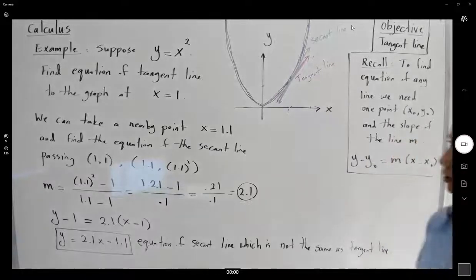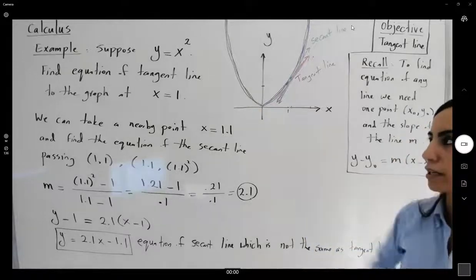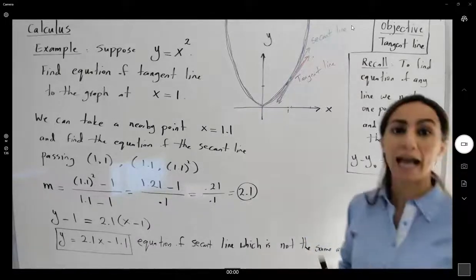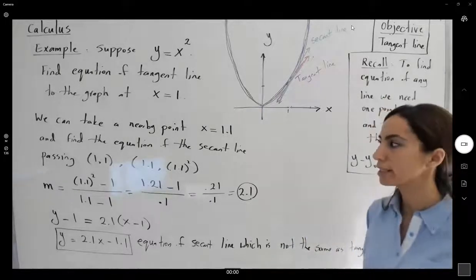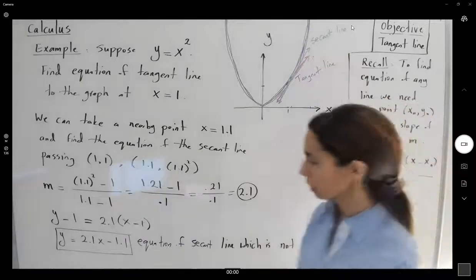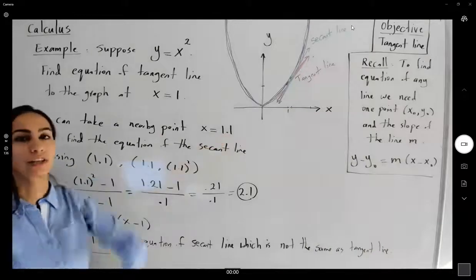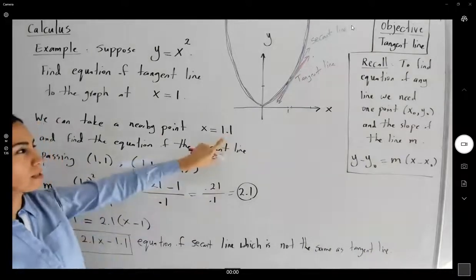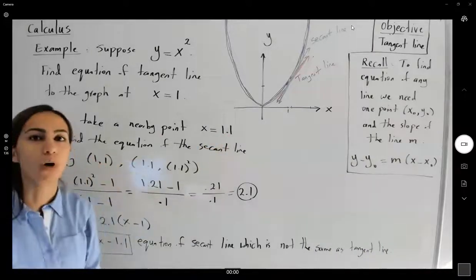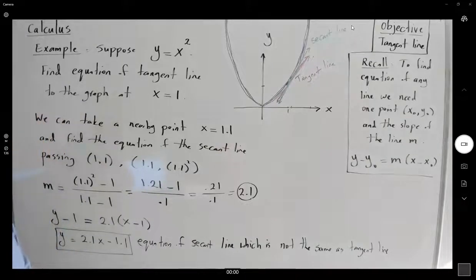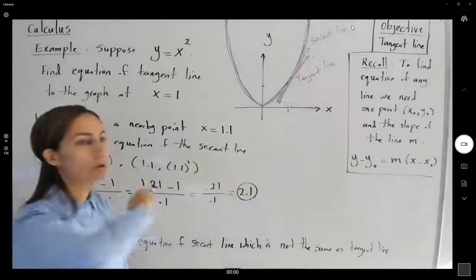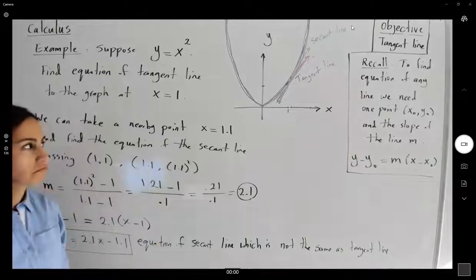Okay, so what should we do now? The question says, hey, find equation of tangent line, not the secant line. Well, what I'm going to do, I'm going to increase the precision here. I'm going to make this guy very close to 1. I'm going to add more decimals on the right-hand side.